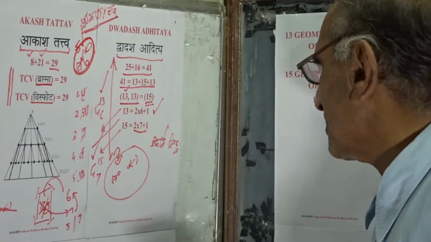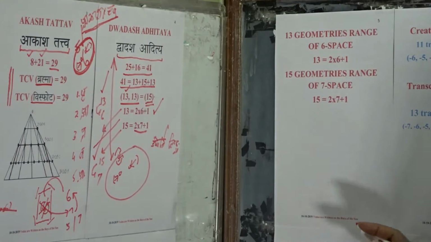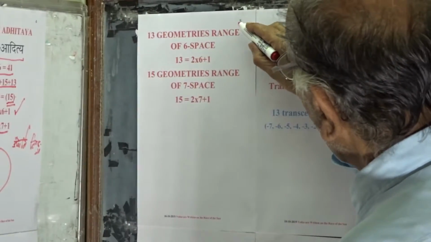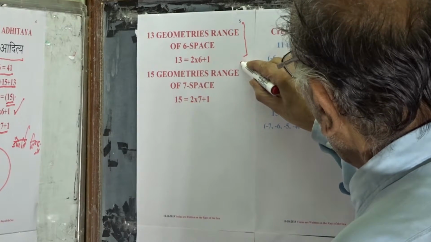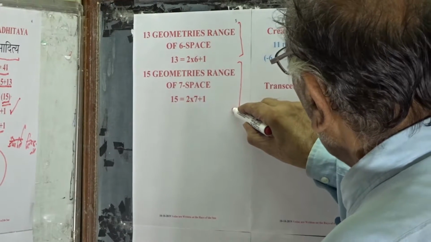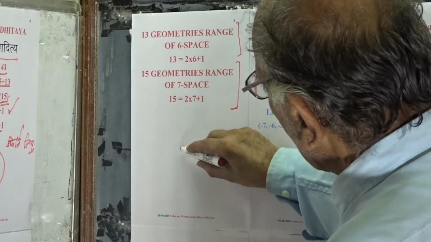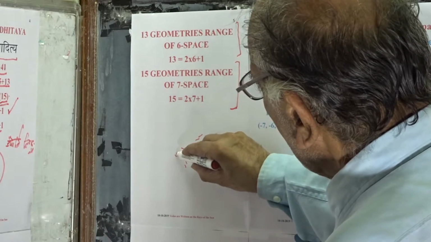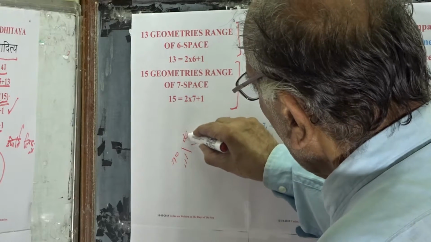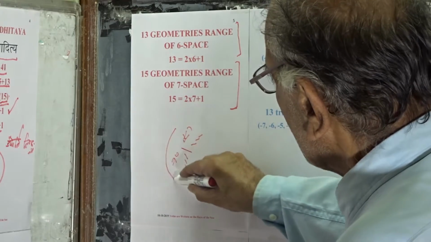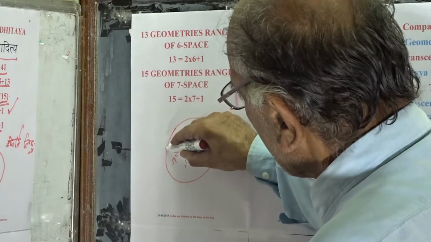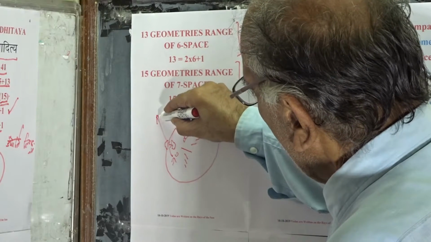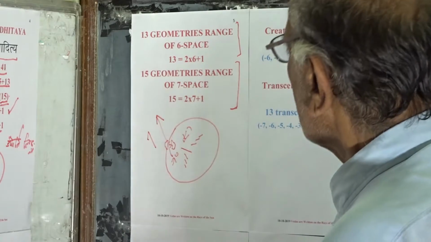With all these features available to us, and with this focus of the 13 geometries range of 6 space and 15 geometries range of 7 space will help us appreciate that 7 space is playing the role of an origin of 6 space. Further as that the 5 space in the role of a boundary, when it is stripped off, it dimensionalizes the outer space as a 7 space.